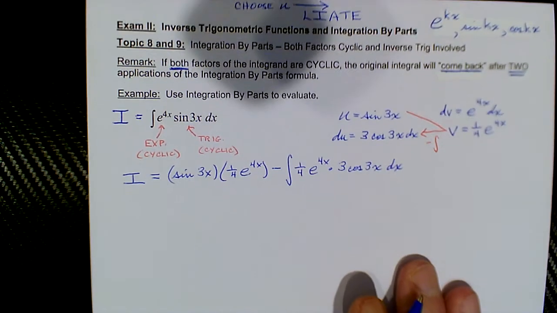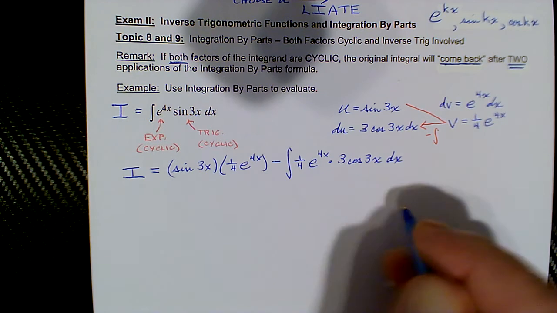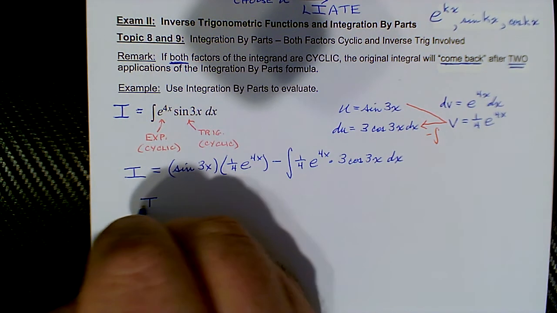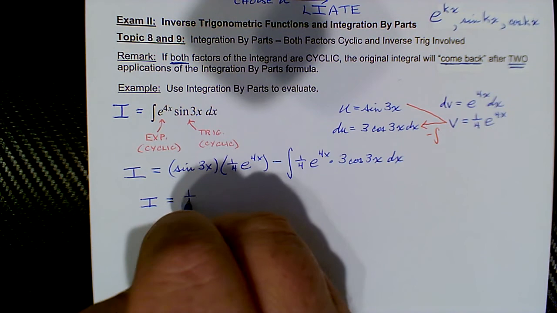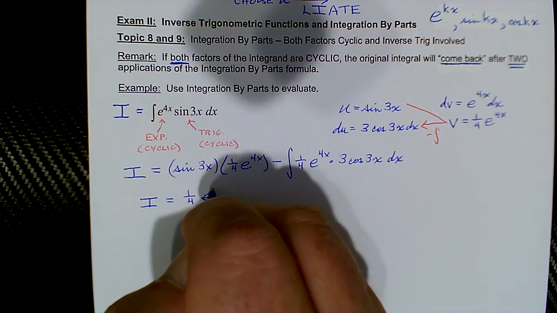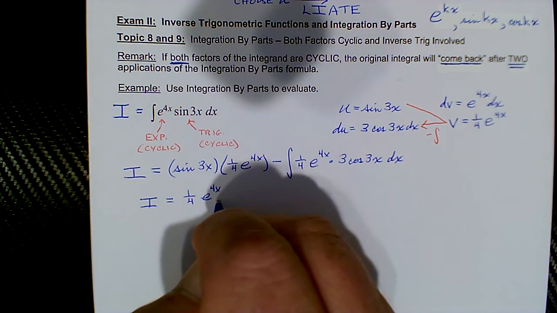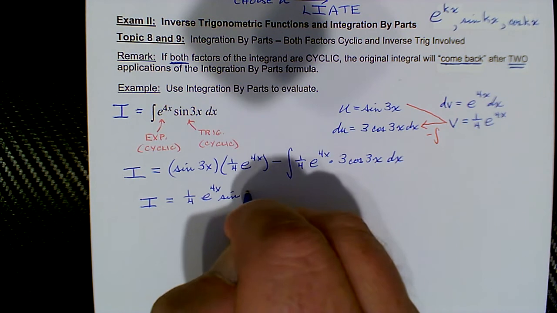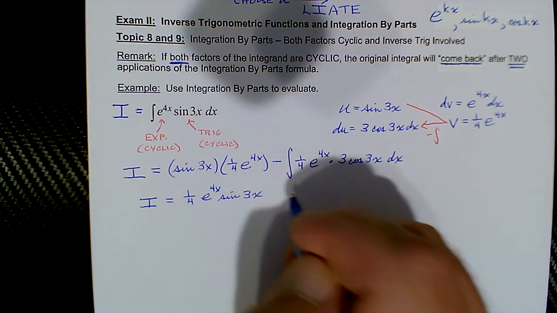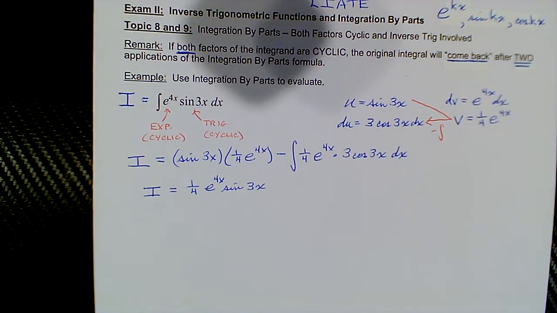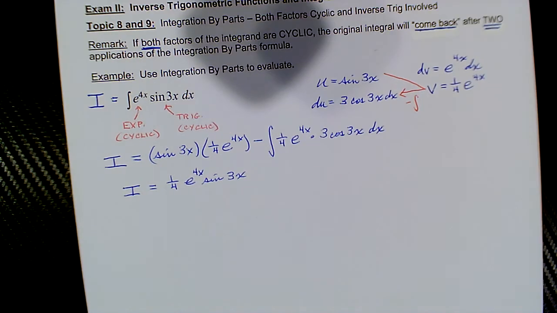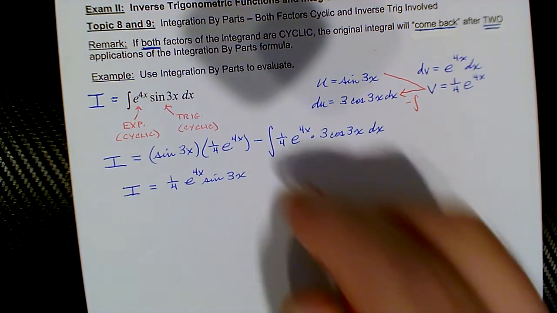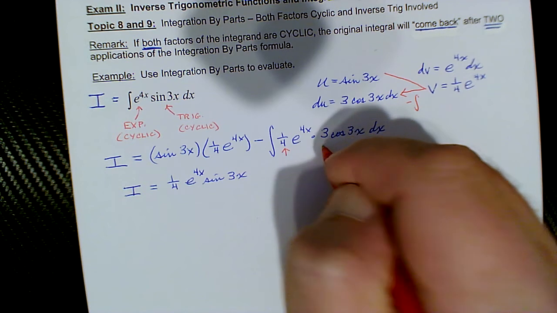And then we have minus, and from the new integral I want to factor out the 1/4 and the 3. So we'll have minus 3/4, and then the integral of, again, the exponential e to the 4x, and then the trig cosine 3x dx.